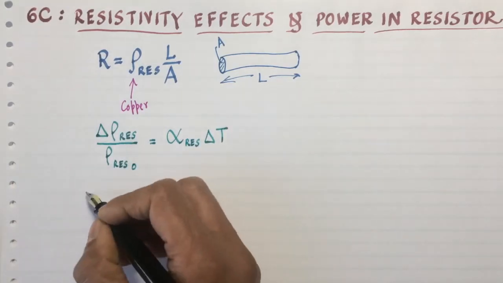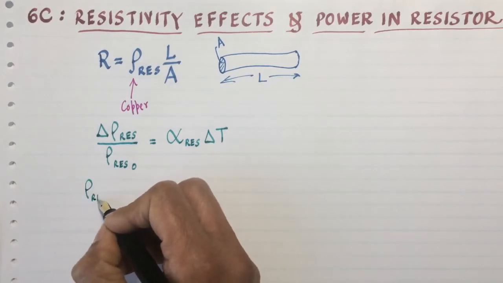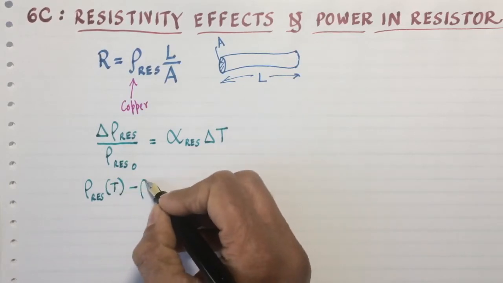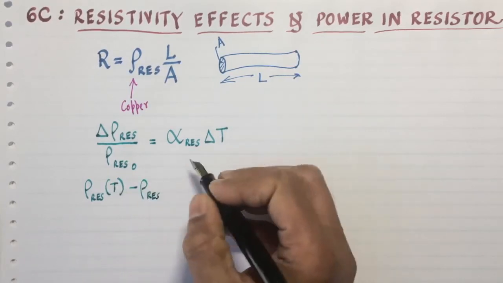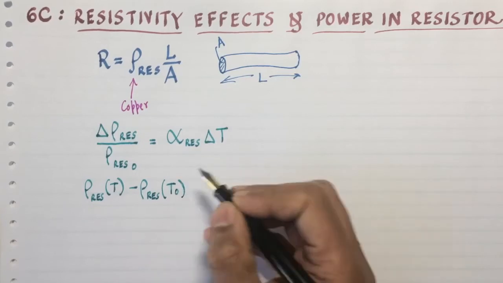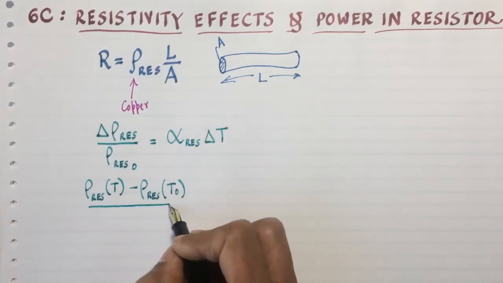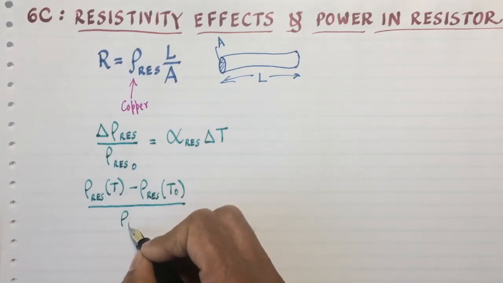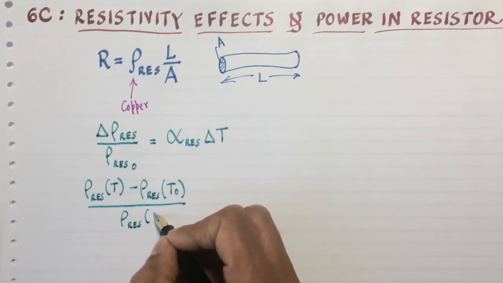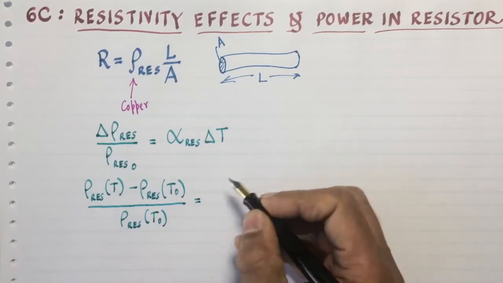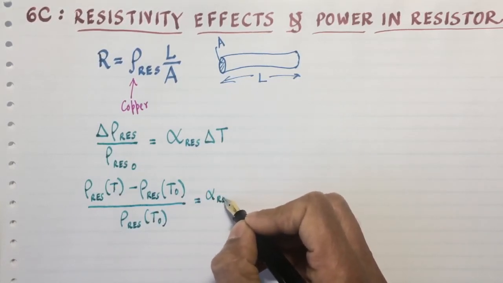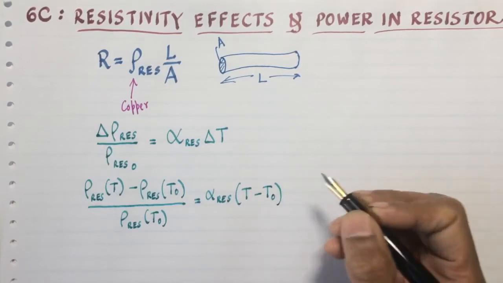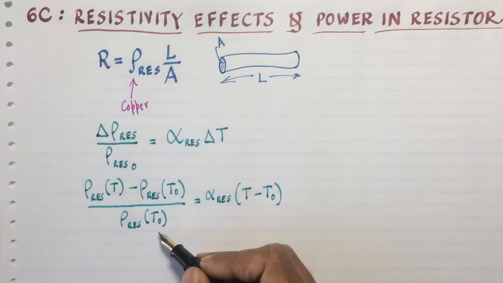If I want to expand this out, I will get rho res at a given temperature minus rho res at this reference temperature, which I'll call T naught, divided by rho res naught, which really stands for rho res at T naught, is going to be equal to alpha res times some temperature T minus T naught. So that would be the full form of that expression.